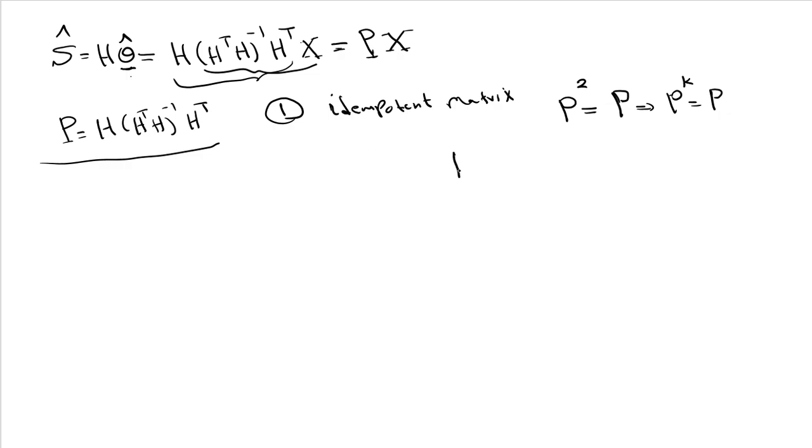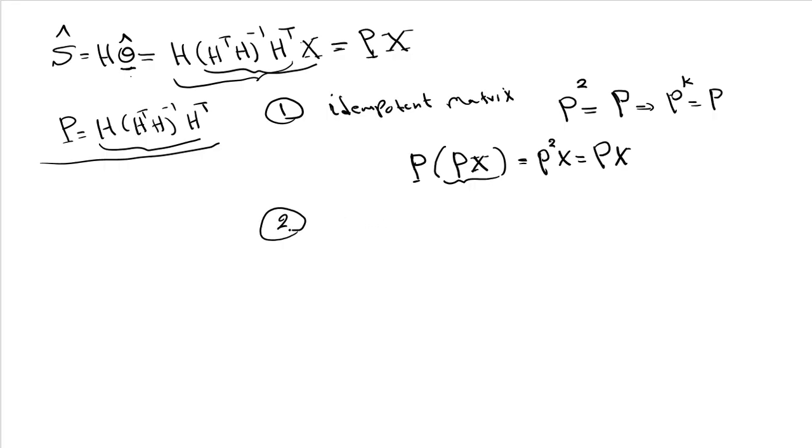It means if we project x to, for example, the signal space, and then project this vector again to the signal space, nothing will change. That means P2x equals Px. You can multiply this by itself and you will see nothing changes.